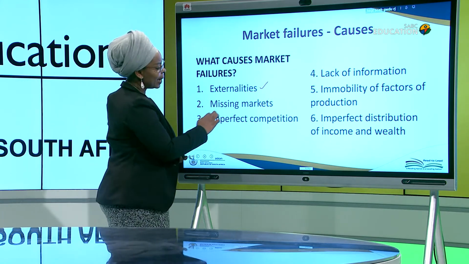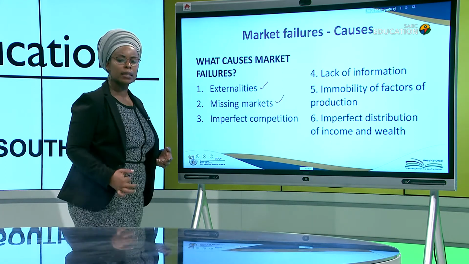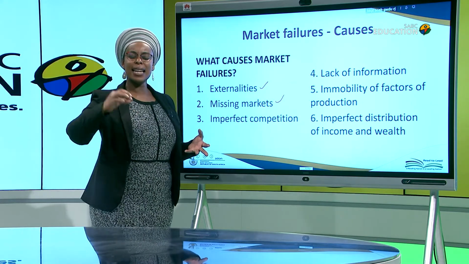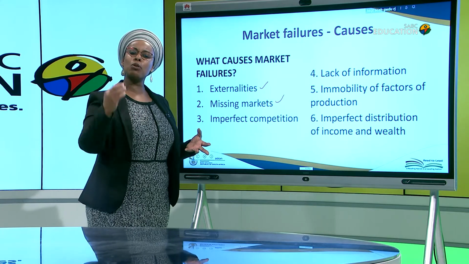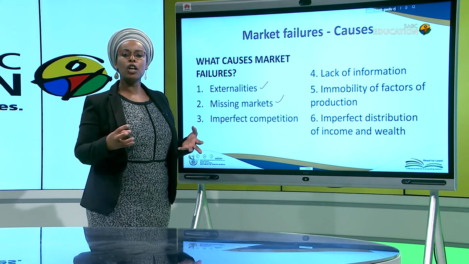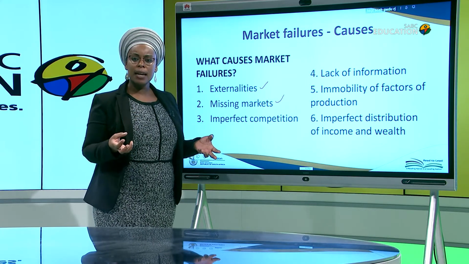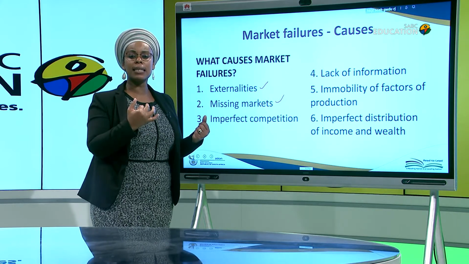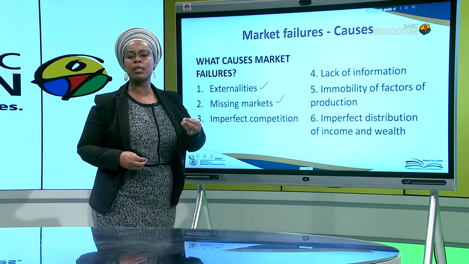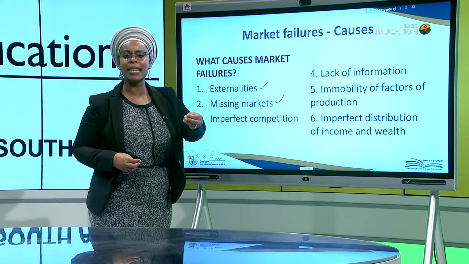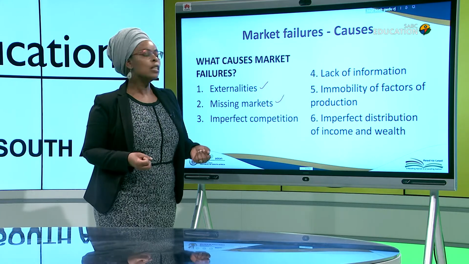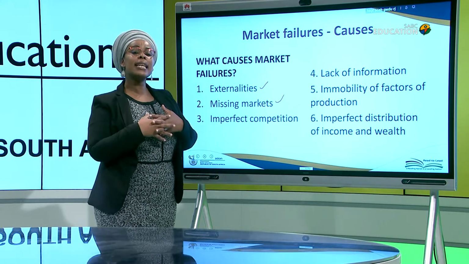Number 2, the market can fail because of missing markets. You'll find that the private sector is not interested in rendering a service or producing a product which will not yield profits. So remember, the aim of businesses is to make maximum profit. So private sector will not produce a product or render a service where it cannot maximize its profit. So that market will say it is missing.